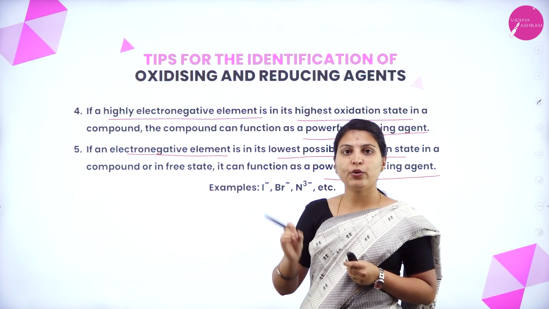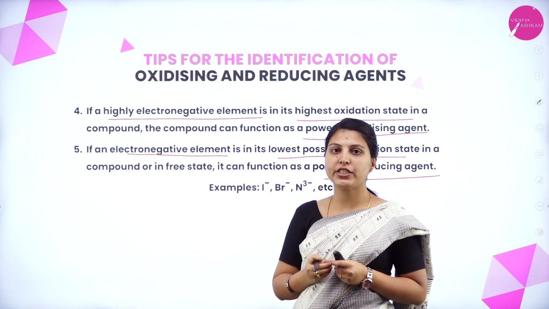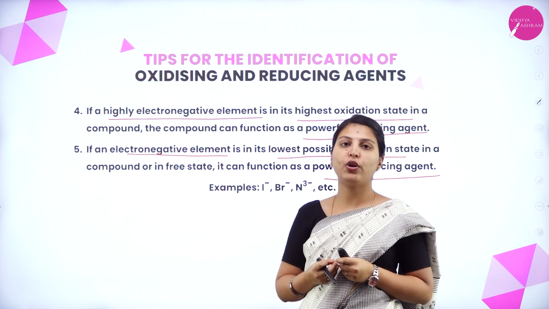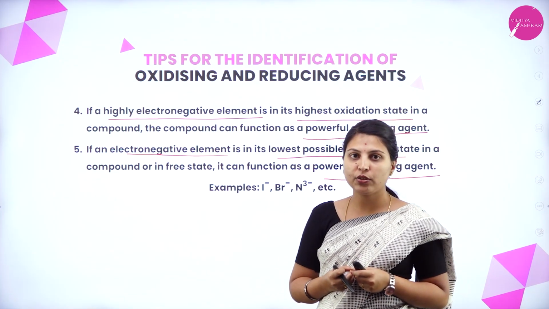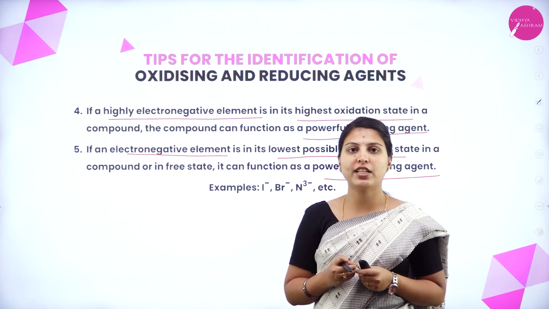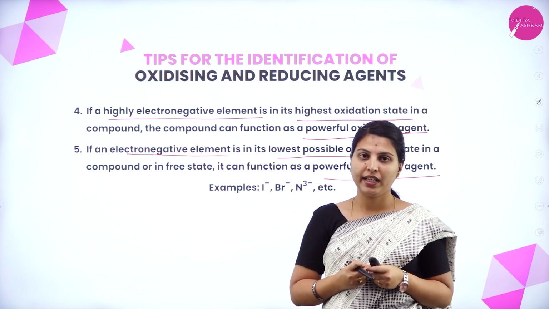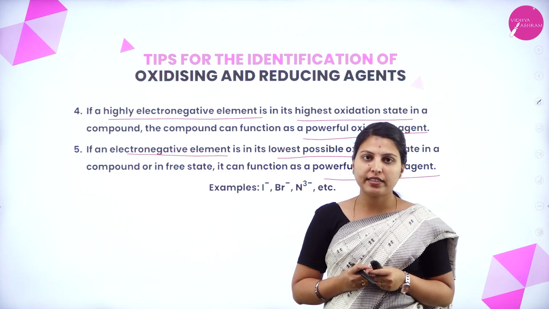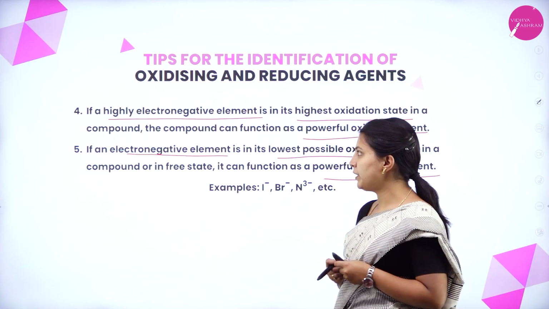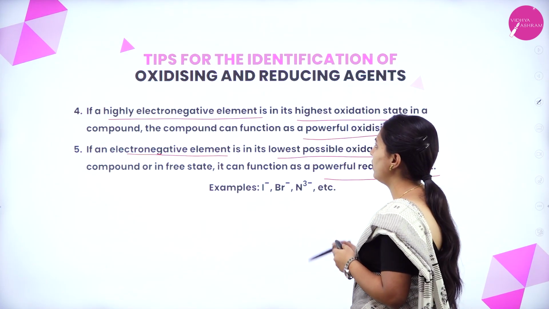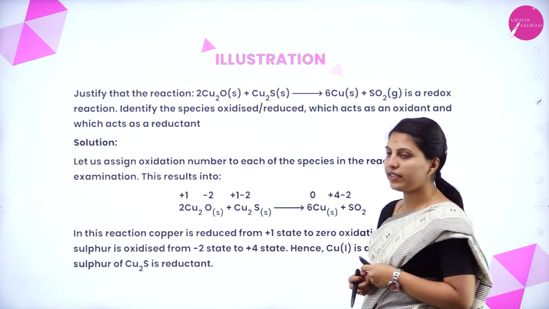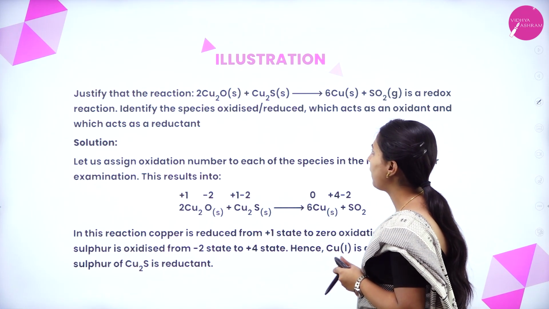If an electronegative element with a high oxidation state is present, that is a powerful oxidizing agent. If an electronegative element with the lowest oxidation state is present, then it is considered a powerful reducing agent. That can be present in free state also. So these are the 5 tips to identify the oxidizing and reducing agent. Next illustration, we will see one example.